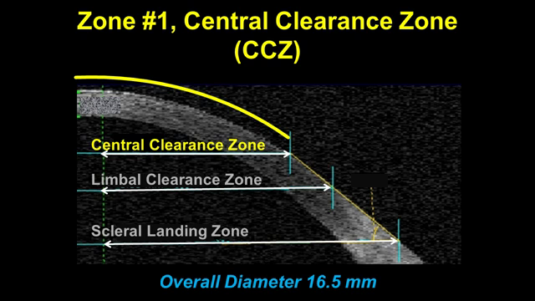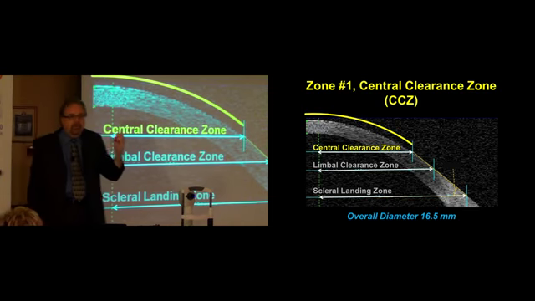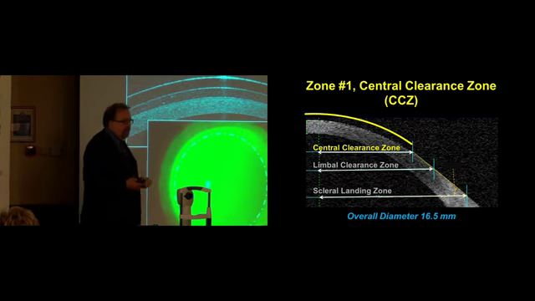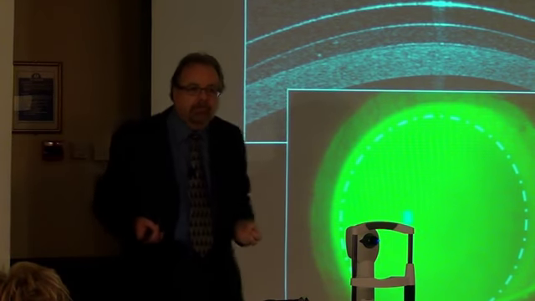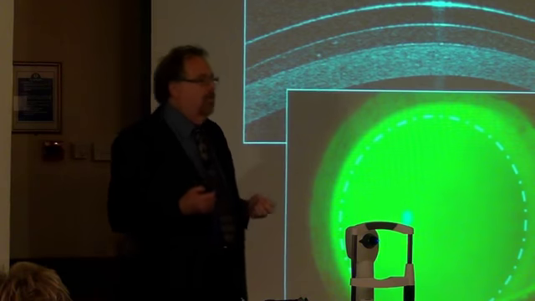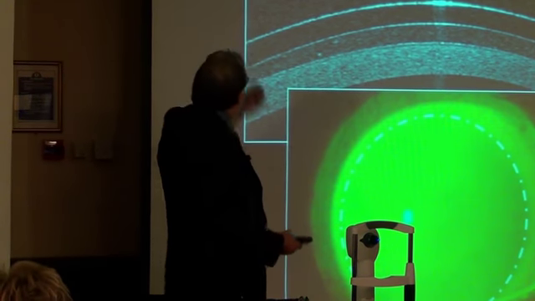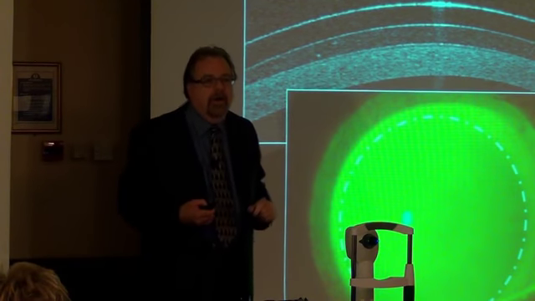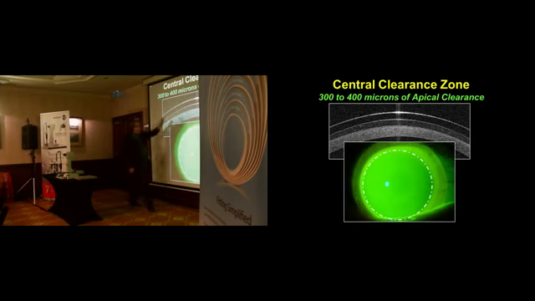Now, what are we trying to accomplish in the central area of the contact lens? We said the word was clearance. But then again, how much clearance are we actually looking for? What we're looking for is approximately 300 to 400 microns of clearance here beneath the contact lens.